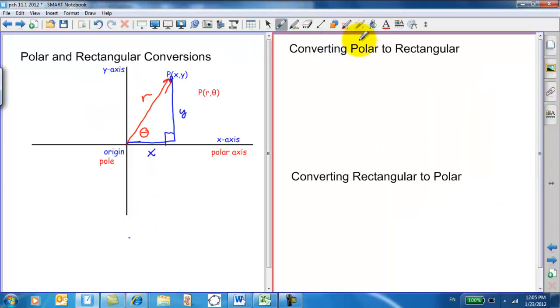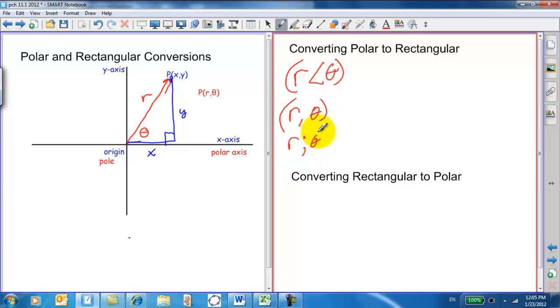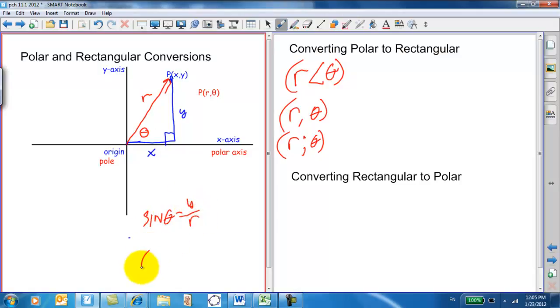For converting polar to rectangular, if you've got r at an angle of theta, also known as r comma theta, or r semicolon theta. I've seen it presented all those ways. To change it into rectangular, we can do our work with SOHCAHTOA. Remember how the sine of theta is y over r, and the cosine of theta is x over r?